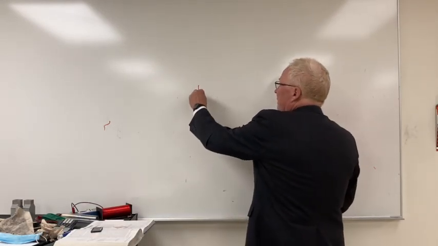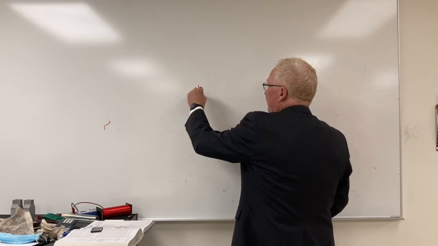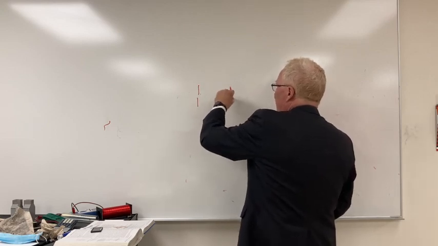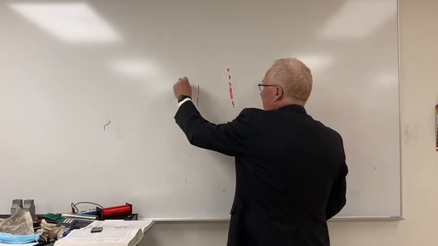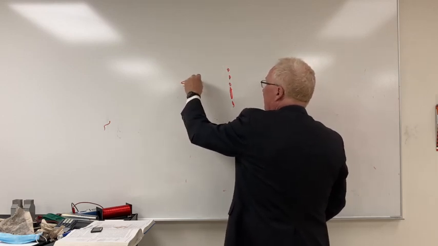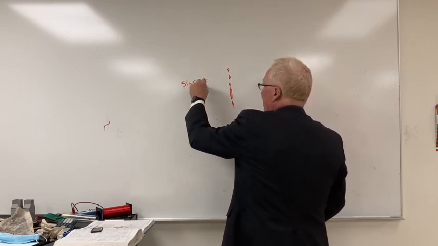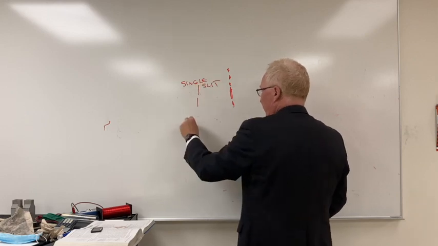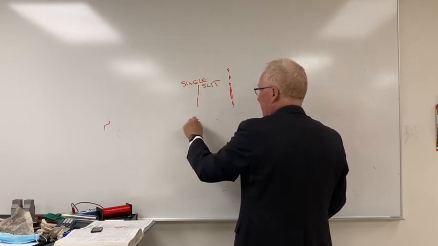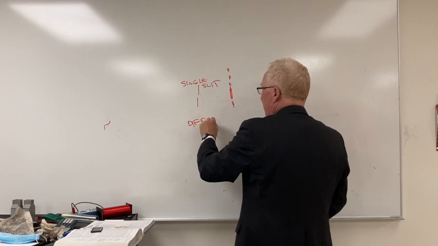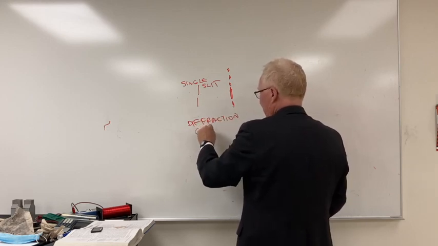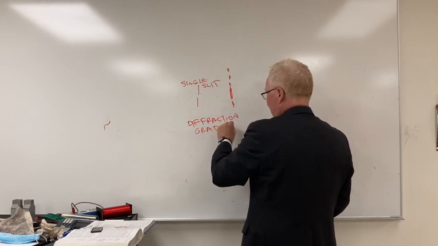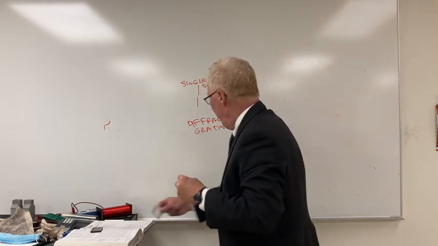So with a single slit, we end up with diffraction, which produces a broad bright, dark, bright pattern. A diffraction grating, on the other hand, has many, many, many slits.